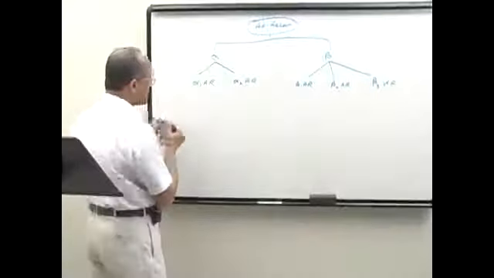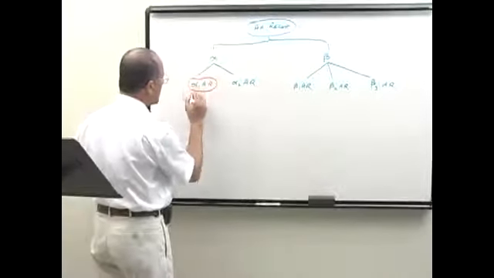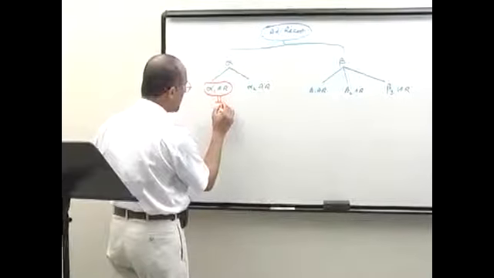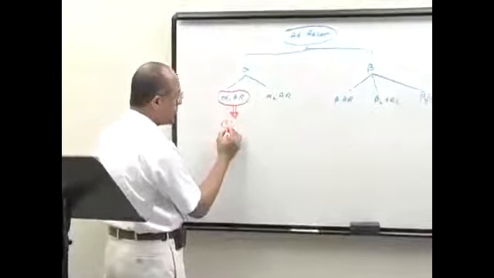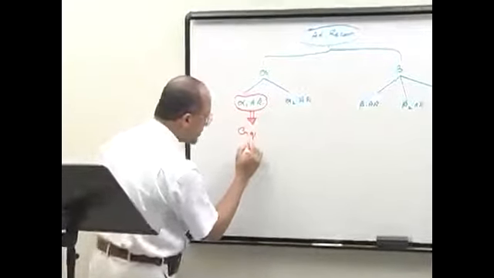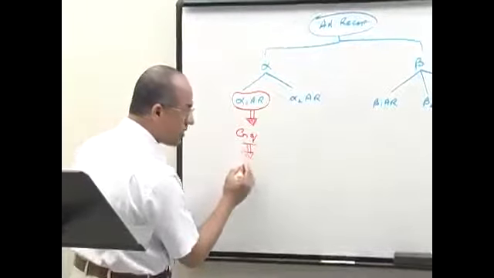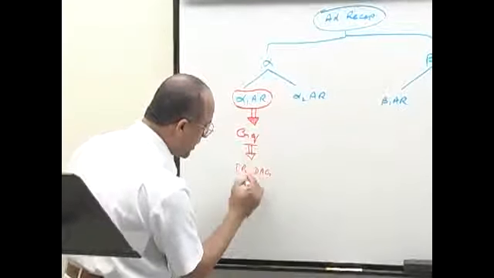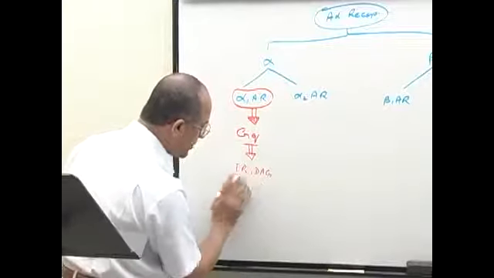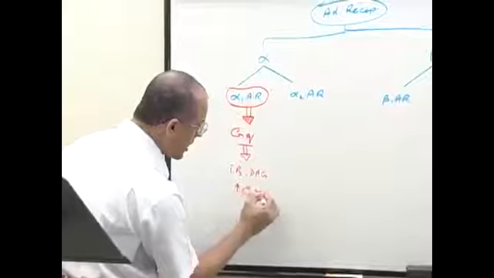Now these alpha 1 adrenergic receptors, they are coupled intracellularly with which type of G protein? Gq. And what is the second messenger system? IP3 and diacylglycerol, eventually leading to increased intracellular calcium level.